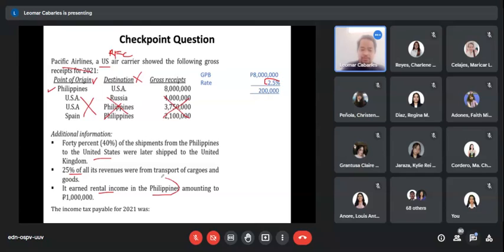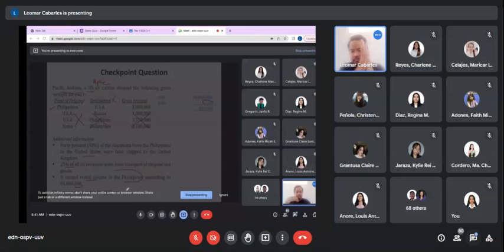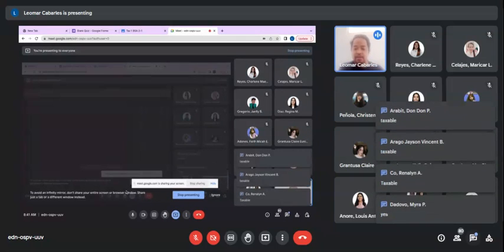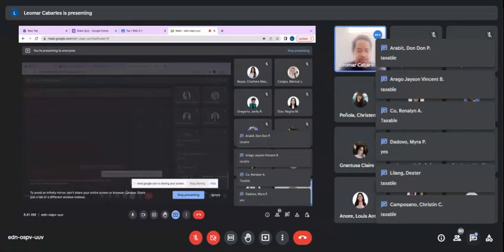Now, notice, meron pa pala siyang rental income within the Philippines. So, what do you think? Is this taxable or not? Yung 1 million rental income. Is the 1 million rental income taxable? The answer is yes. This is within the Philippines.